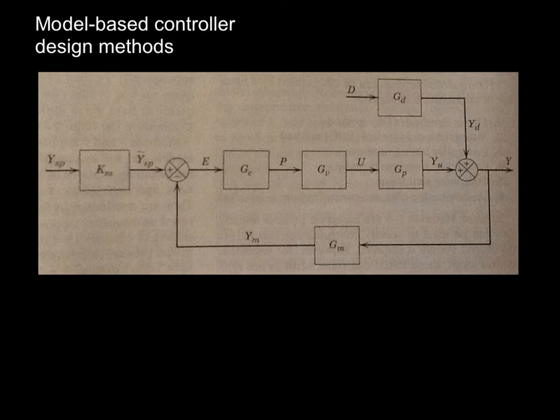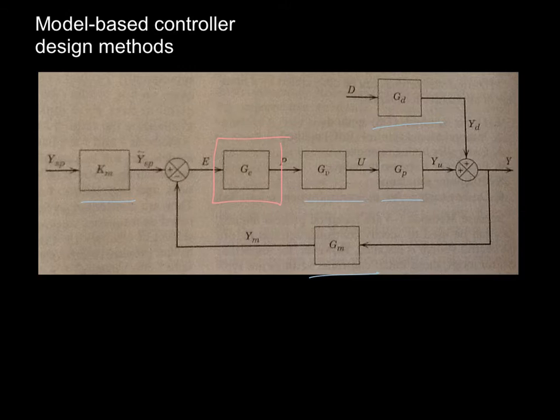Now we are ready to consider the controller design problem. And here we will assume that all of these transfer functions are known. So we'll know everything about the system itself, but our job is going to be to figure out what controller we need in order to obtain a desired closed loop behavior.